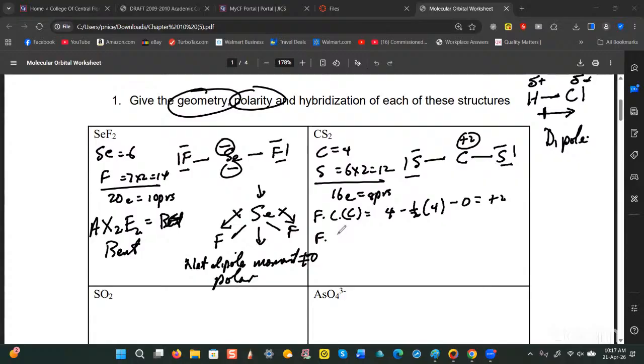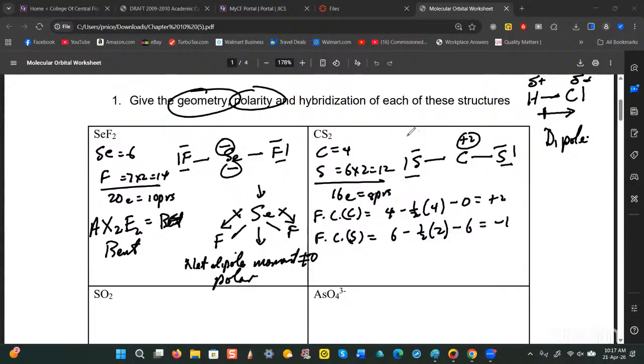And we do the same type of calculation for the sulfur. So that would be what? 6 minus half of 2, minus 6. But it's the number of electrons, not electron pairs. So it's 6 for the number of nonbonded electrons. So that gives you -1.